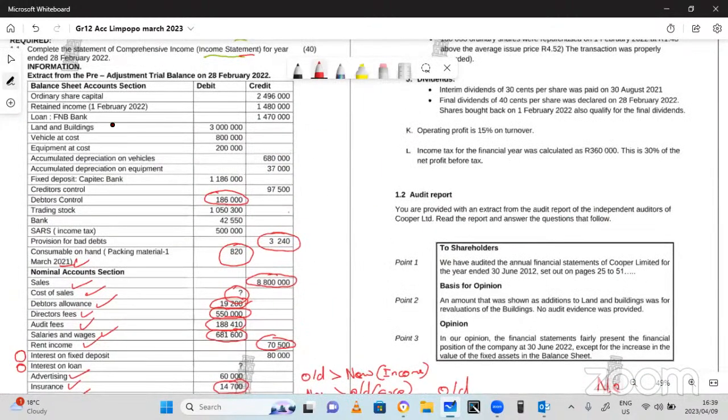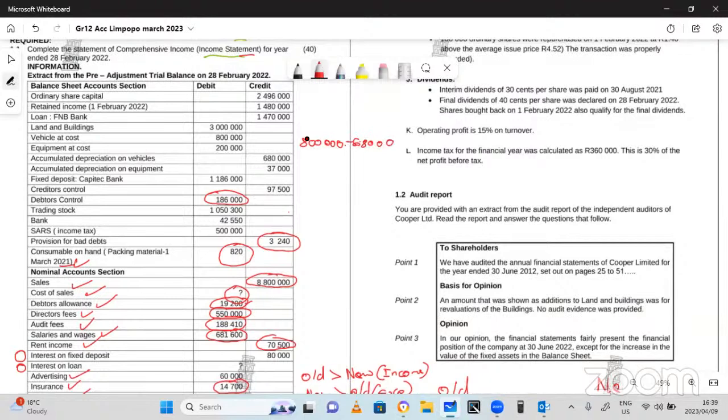We are given here the cost price for the vehicle, which is 800,000 rands. And the carrying value is 680,000.